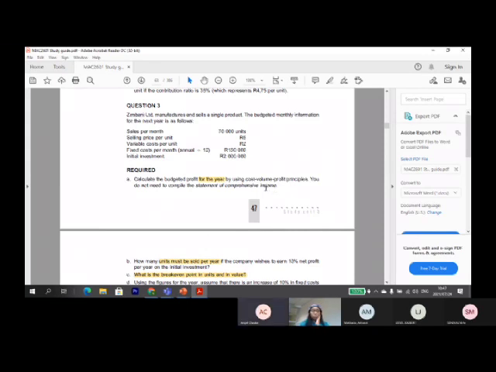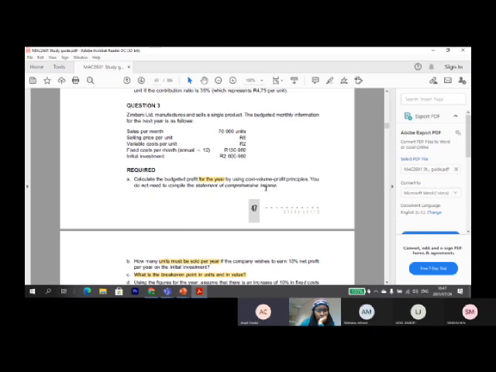For A, I calculated my sales, which was 70,000 times 5 rand, which gave me an amount of 350,000. I subtracted my variable cost, which is 140,000. I got that by saying 70 times 2 rand. And then I got my contribution, which is 210. And then I subtracted my fixed cost, which is 150,000.